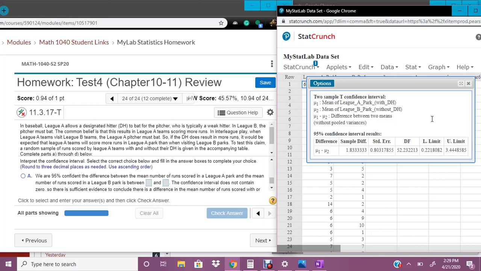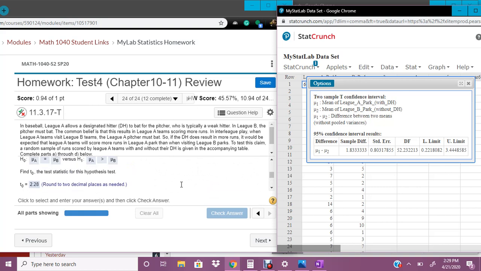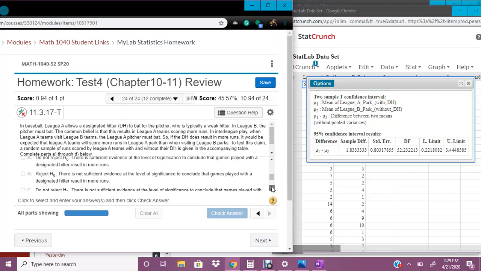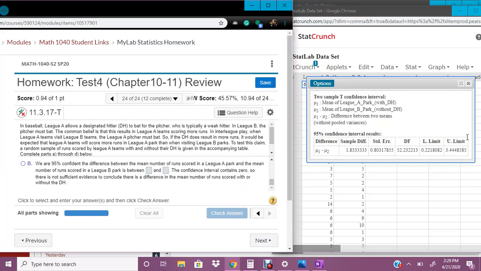When we were identifying our hypotheses up here, we said that the null hypothesis is this minus that equals 0, and that this would be greater than 0, right? If we look at what our limits are, 0 is not contained in these limits in our 95% confidence interval.